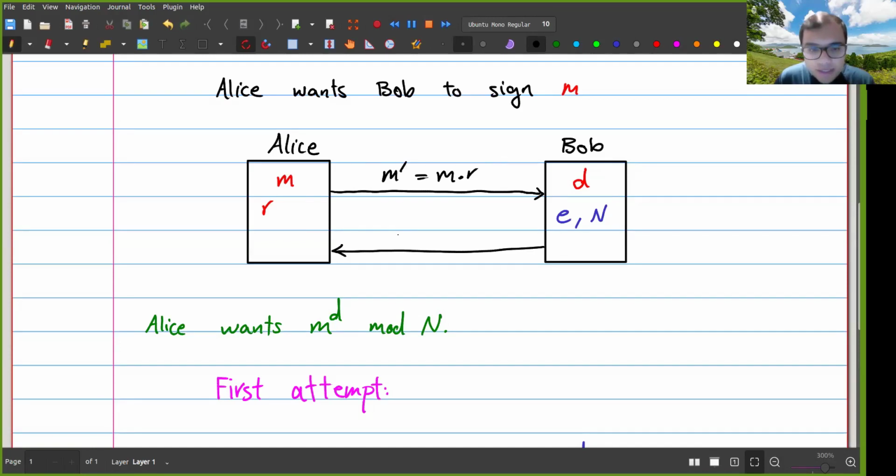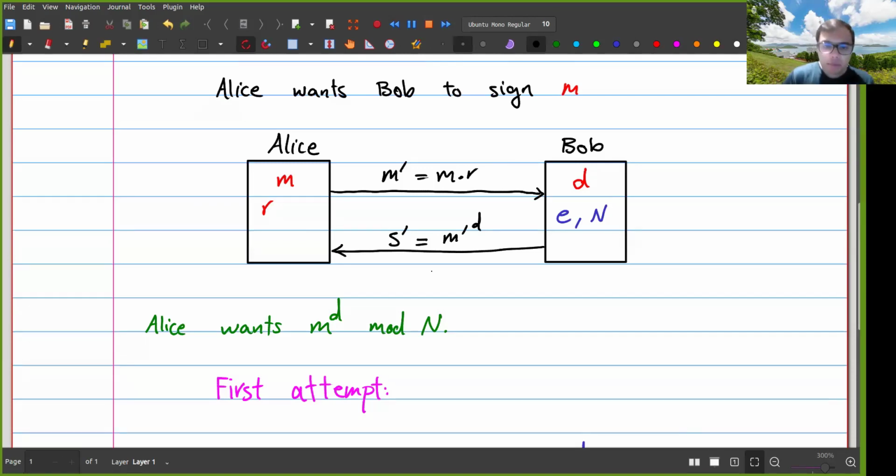And then Bob sent a signature. Let's call that S prime because it's the signature on M prime. And the signature is just M prime to the power of D. Okay, so now Alice knows M prime to the power of D, but she wants M to the power of D.